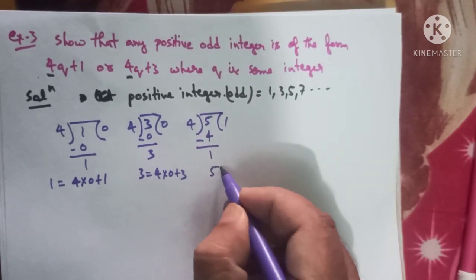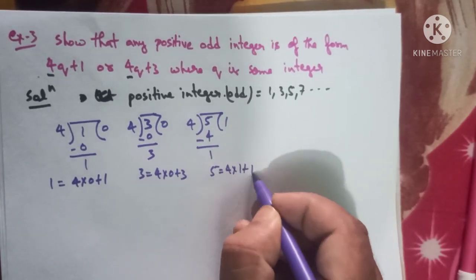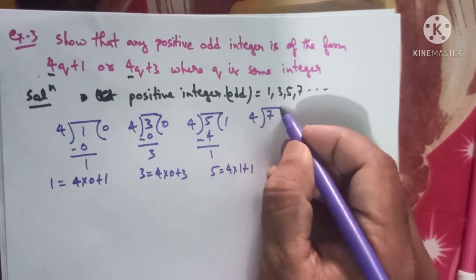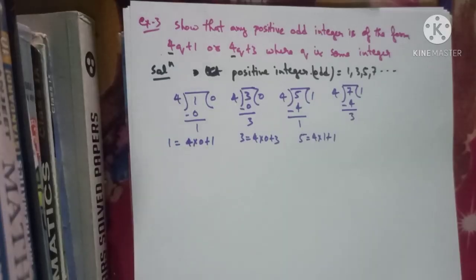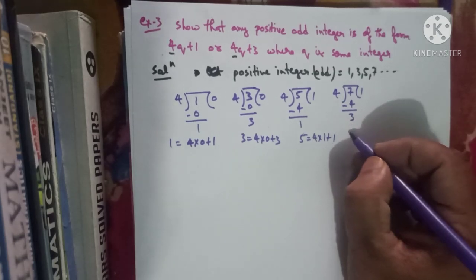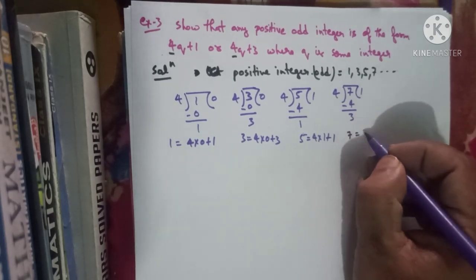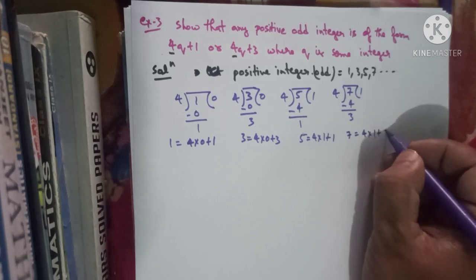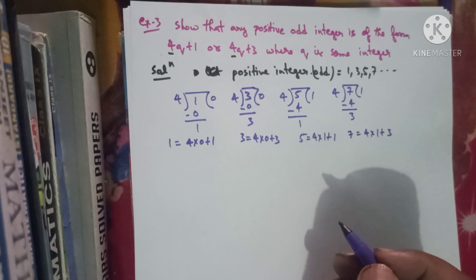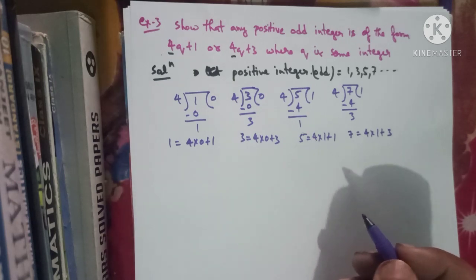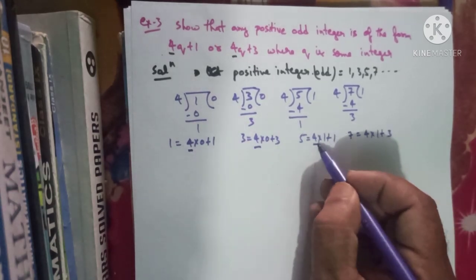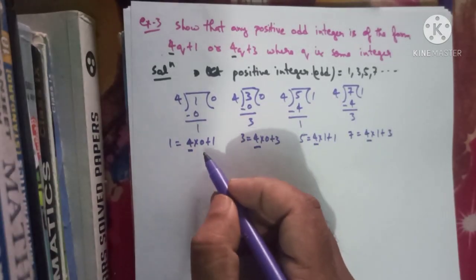Dividing 7 by 4, 4 ones are 4, 7 minus 4 is 3. Again dividend 7 is equal to divisor into quotient plus remainder. So in all these cases the divisor is the same, that is 4.